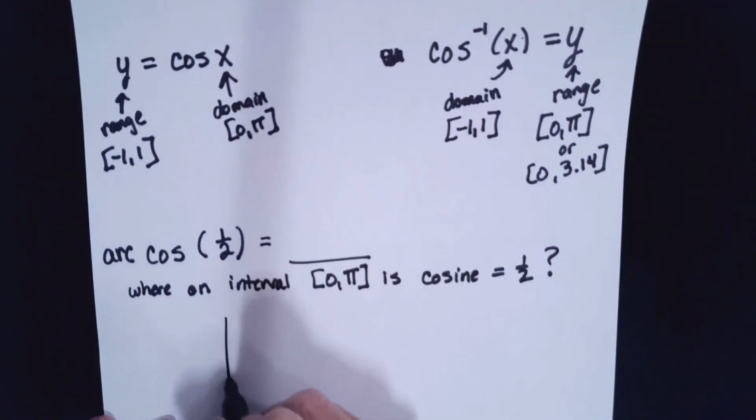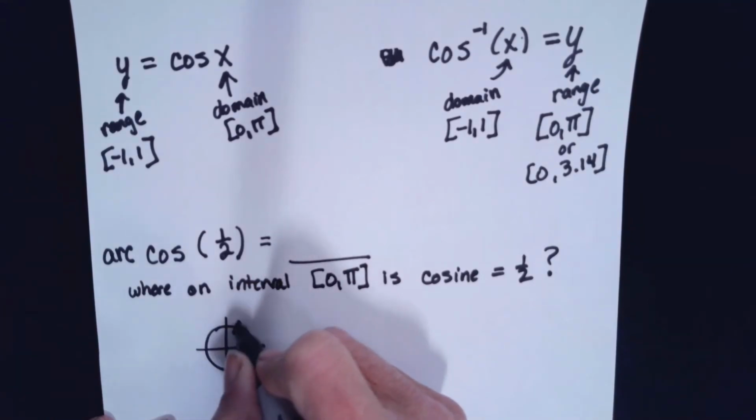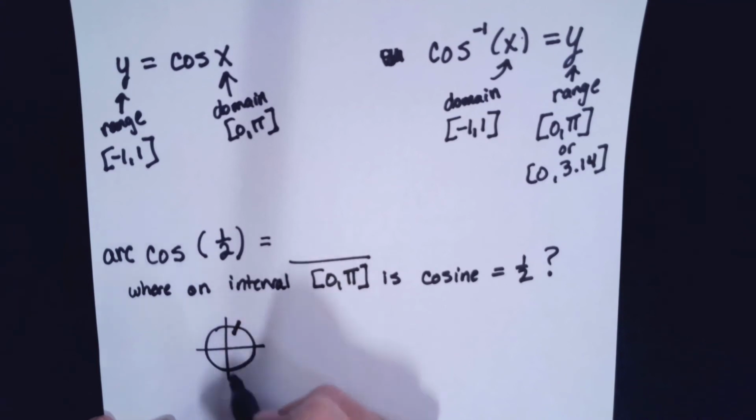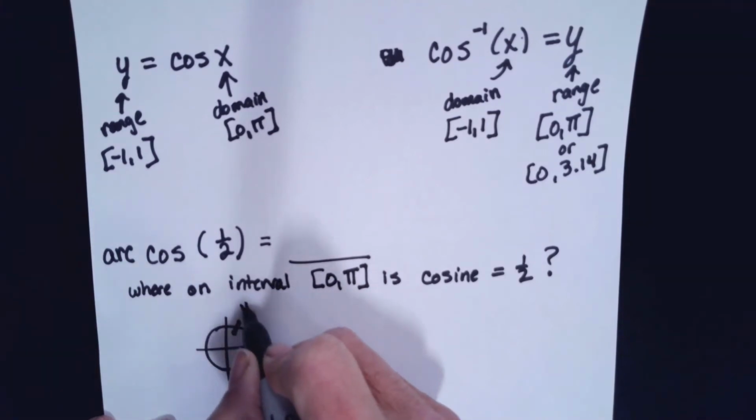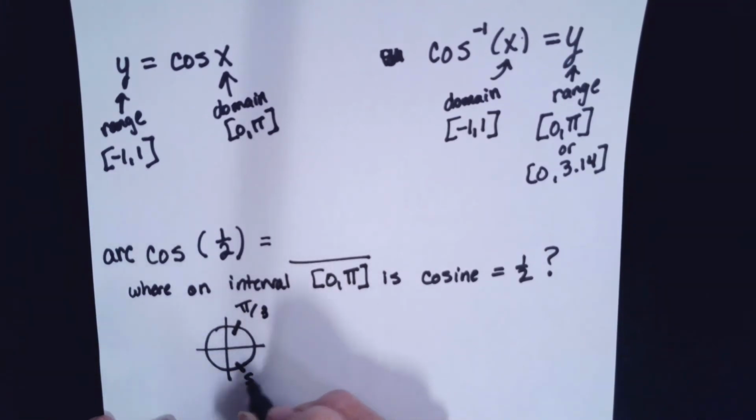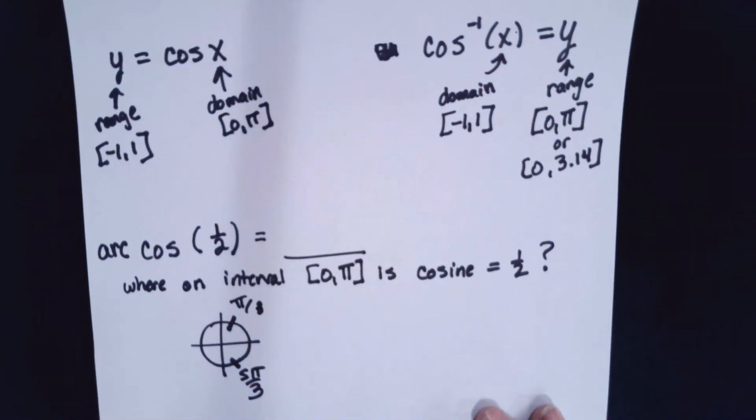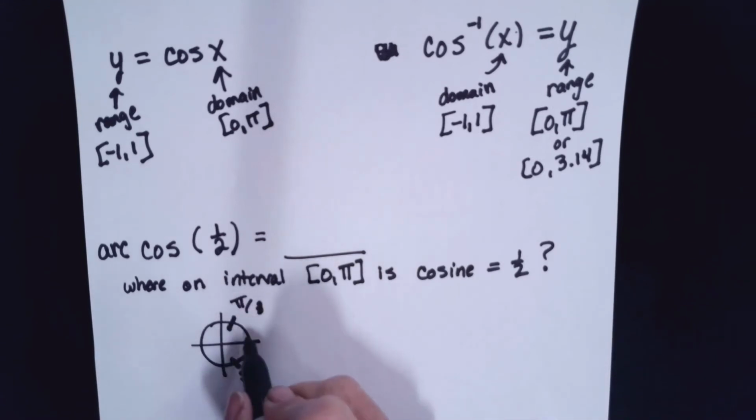So if we think about our unit circle, cosine is 1/2, let's see, here and here, at pi over 3 and at 5 pi over 3. That is where the cosine is 1/2. But our answer for arc cosine has to be between 0 and pi.